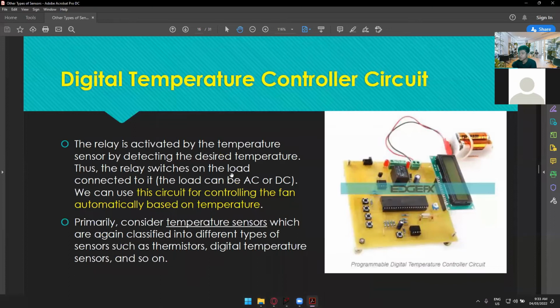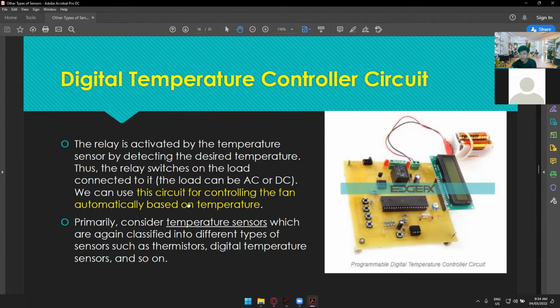Okay, and then we also have here a digital temperature controller circuit. Well, the only difference is maybe this one can display some information with the use of this LCD display. This circuit is for controlling the fan automatically based on temperature. I guess this one is very straightforward.